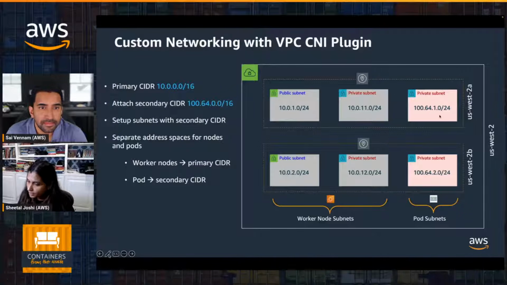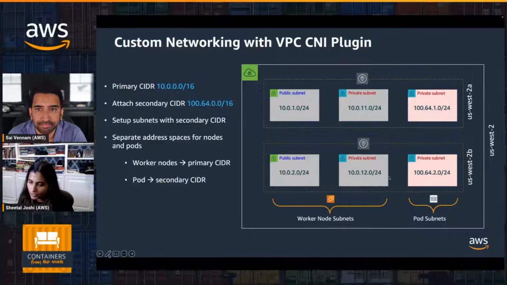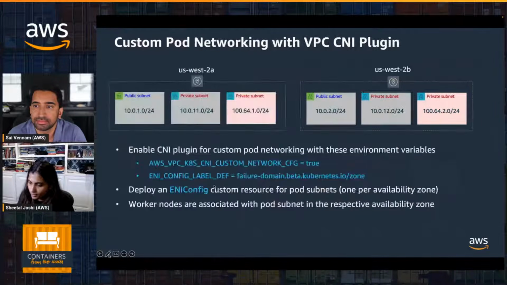As you can see here, I have created two private subnets. I think as part of this exercise we are using 4 subnets, but we will see when we get there. Here the worker nodes receive their primary IP from the primary CIDR, and the pods receive an IP from the secondary CIDR. The way it works is, just like other parameters that VPC CNI supports, you can enable custom networking using the custom network flag.